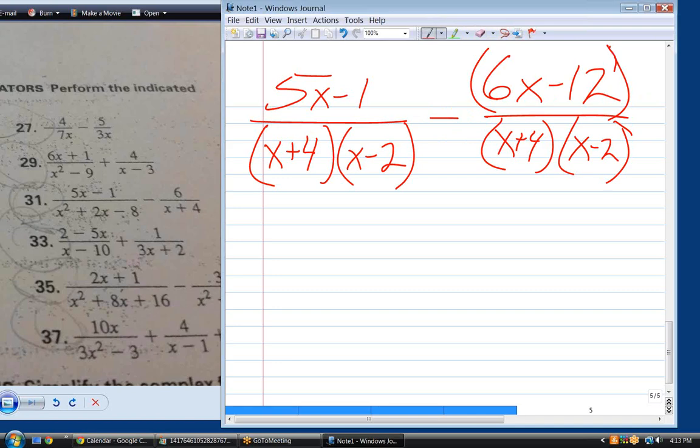Now operate on the numerator. What do you get? Minus 6x plus 12. Well, you have to combine it with that. Oh. So minus x plus 11. Good. All over that.